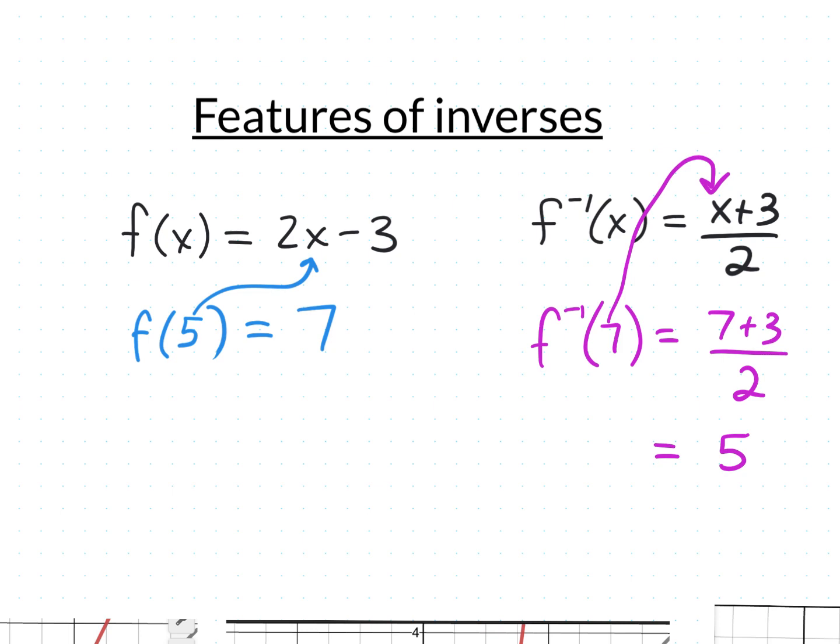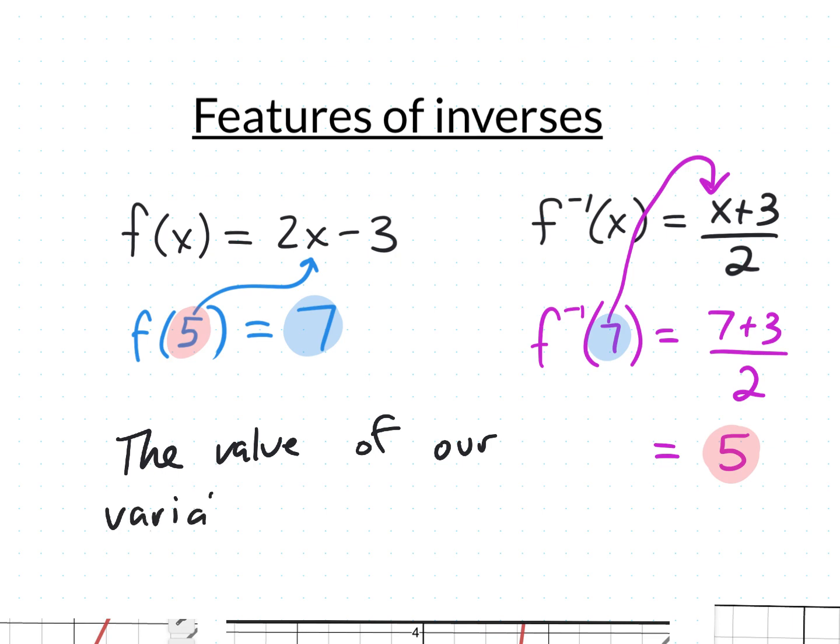What I'm hoping you're seeing here is that if we plug in one number, say 5, and get an output of 7, if we were to take that output and make it our input in the inverse, it will have the opposite output, right? The output that we saw as the input from our original function. So in other words, the values of our variables will switch.